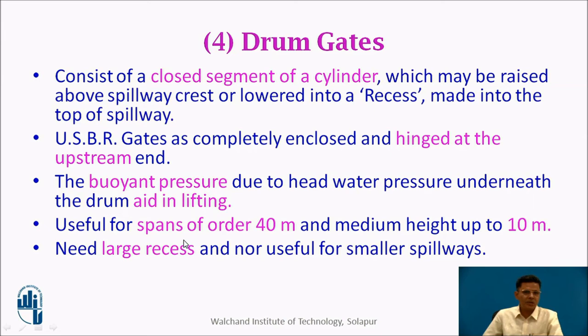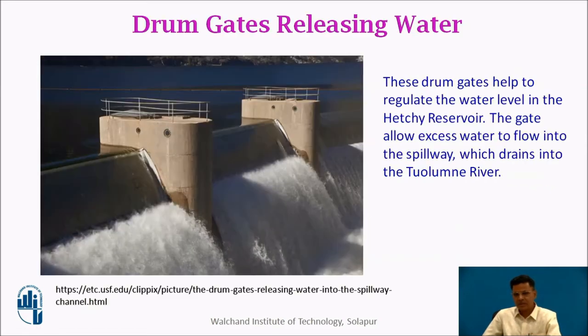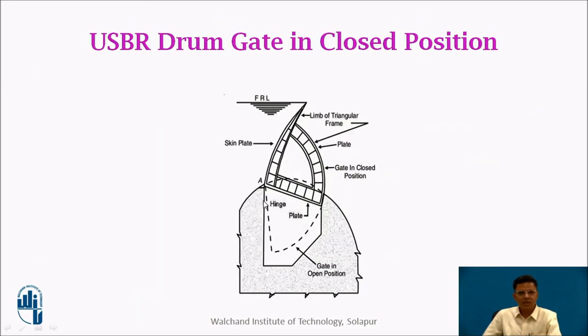These types of gates are useful for spans of the order of 40 meter and height up to 10 meter. However, it needs a large recess, and such types of gates are not useful for smaller spillways. It means I was telling you about this large recess which is necessary. So, this is the drawback.